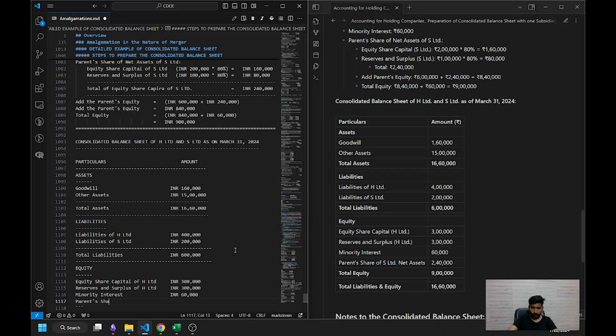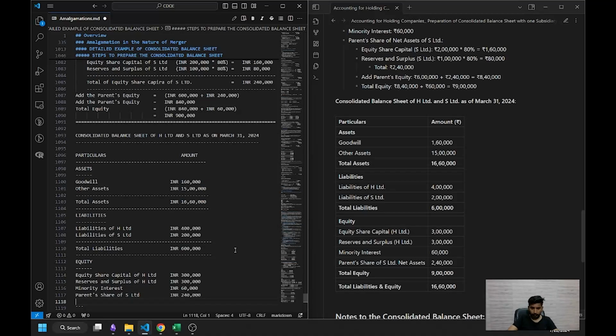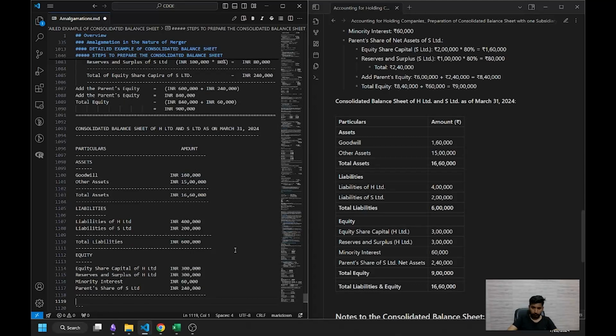Then we have the parent's share of S Limited, which is 2,40,000, marking the total equity as rupees 9 lakhs.